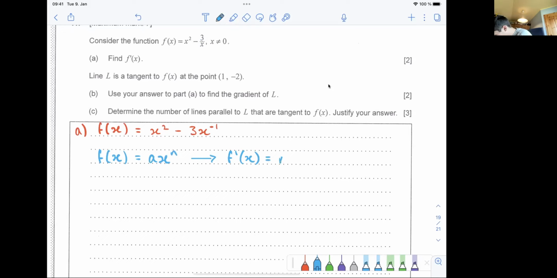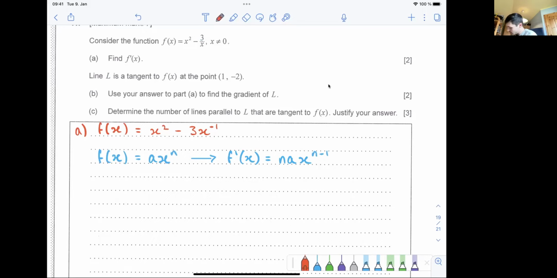So we get n multiplied by a, then x, and then we have to subtract 1 off the power. You can think of it as two steps. First, bring the power to the front and multiply the coefficient by that power. The second step is to remember to subtract 1 off the power.